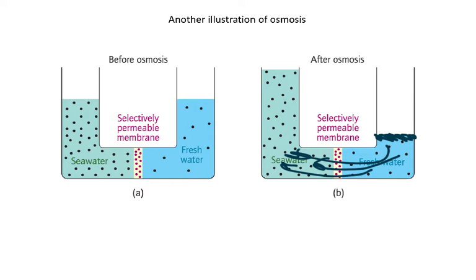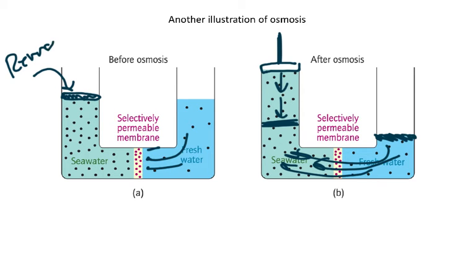Now, if you wanted to stop this from happening, we could apply a piston here and push down. Actually, it would be over here. And not let more water flow in, it would just stop it. This would be called reverse osmosis, and the amount of pressure applied would have to be the osmotic pressure.